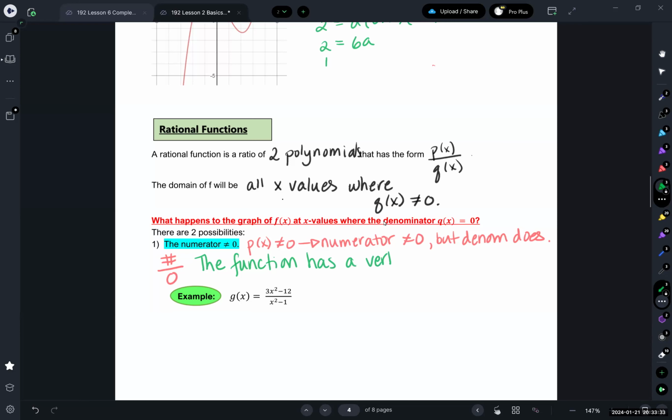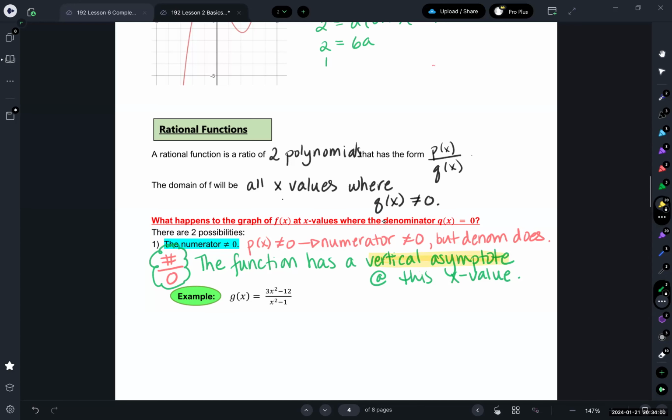Asymptote is kind of a weird word, don't you think? At this x value. Okay. So this ratio of a non-zero number over a 0 is what leads you to a vertical asymptote.